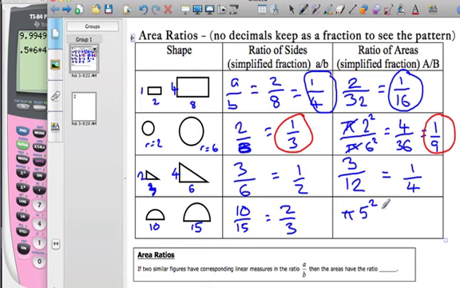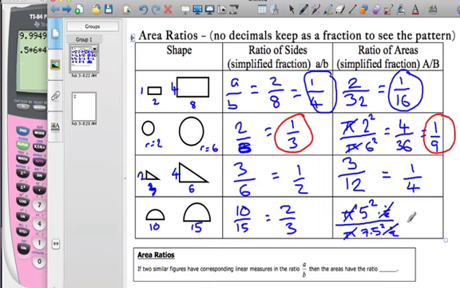Okay, or instead of divided by 2, let's do times a half. And then on the bottom, we've got pi times the radius squared times a half. Can do a little bit of cancelling. I can cancel the pi's, and actually I can cancel the halves.